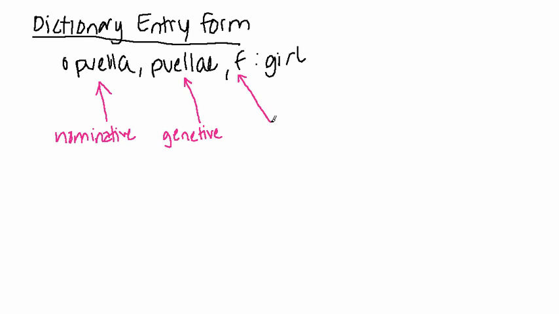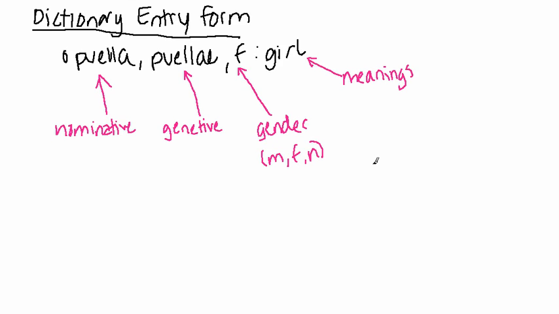And then your third item, I guess, would obviously be the gender. And as you remember, it could be masculine, feminine, or neuter, and they're usually abbreviated like this. And then last up, you have your meaning, and they'll often give you multiple meanings, just because different words work well in different contexts.